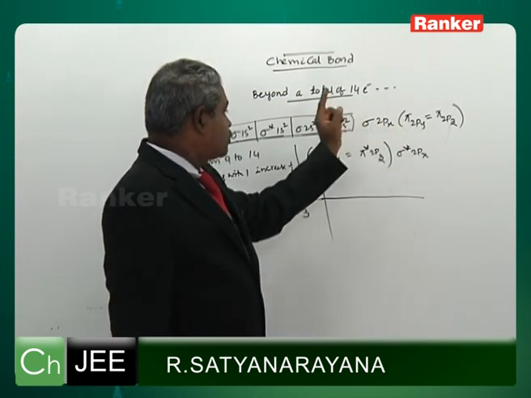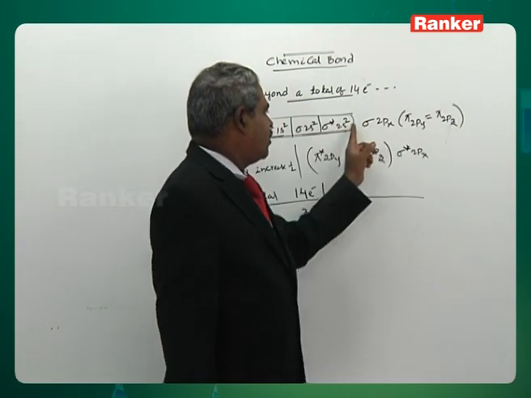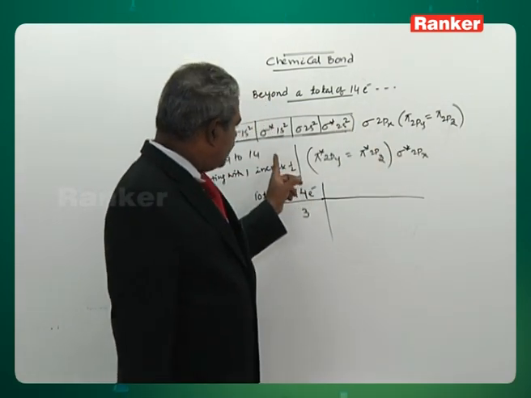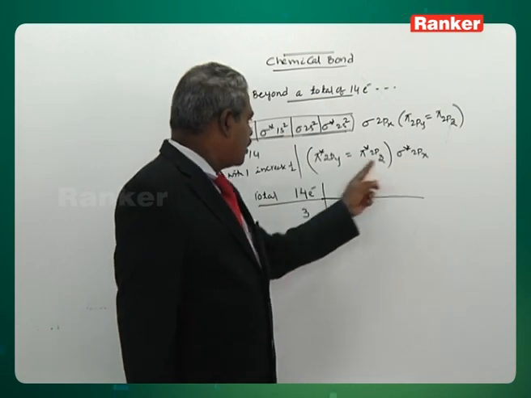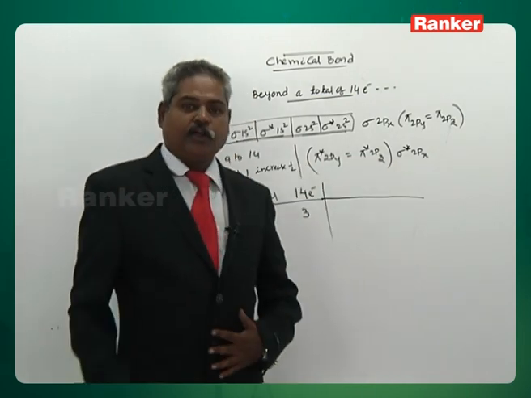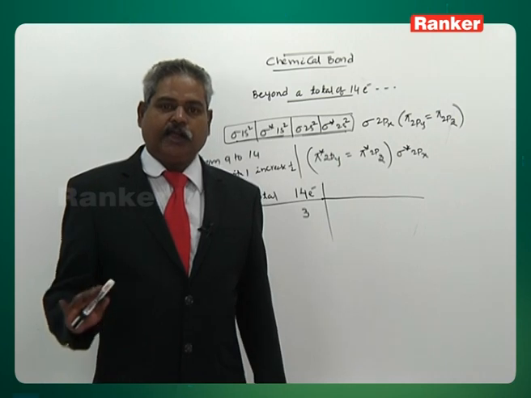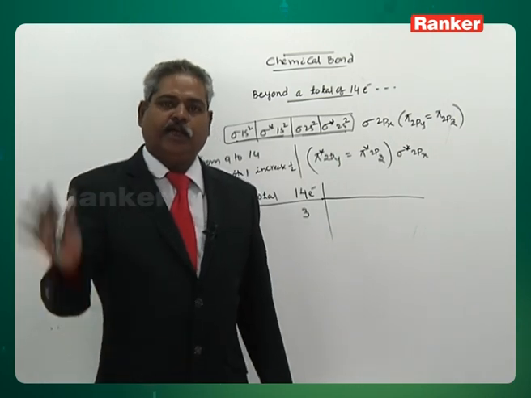Anti-bonding means, remember, star only. You don't see any star here, all are bonding electrons. And the next ones all have a star, so all are anti-bonding. So, after 8, you have 6 bonding electrons, and the next 6 are anti-bonding electrons.